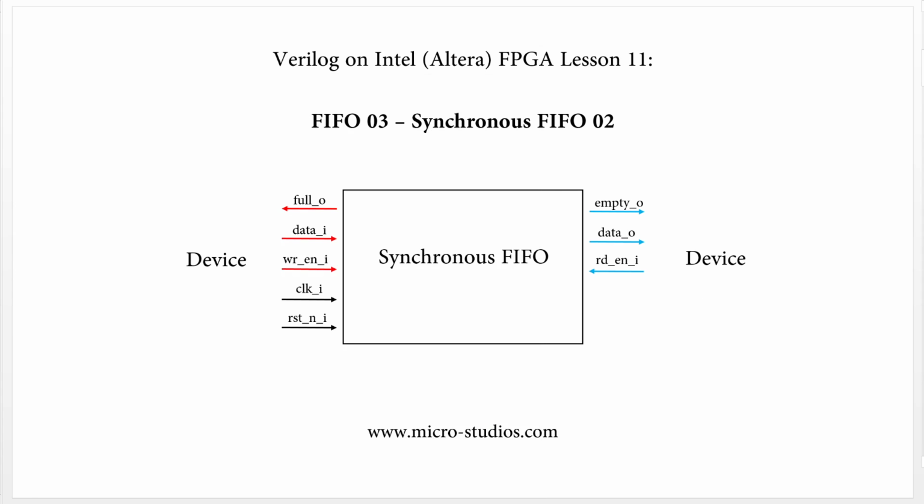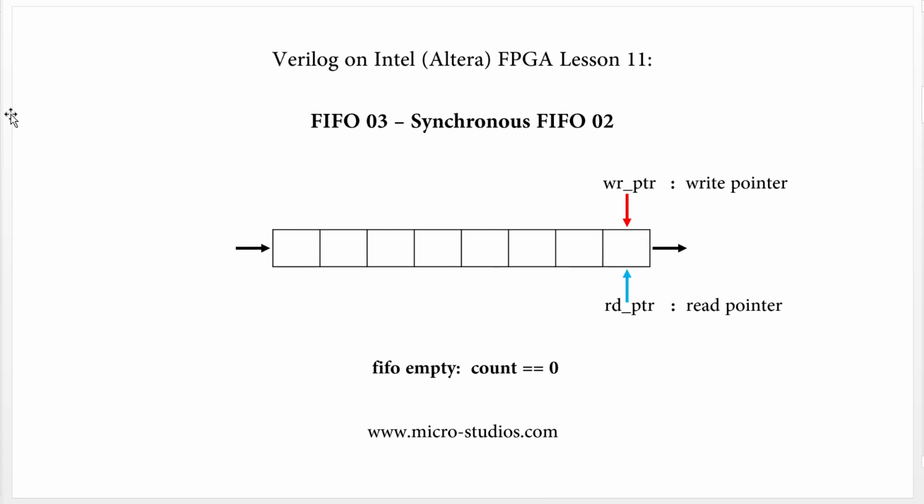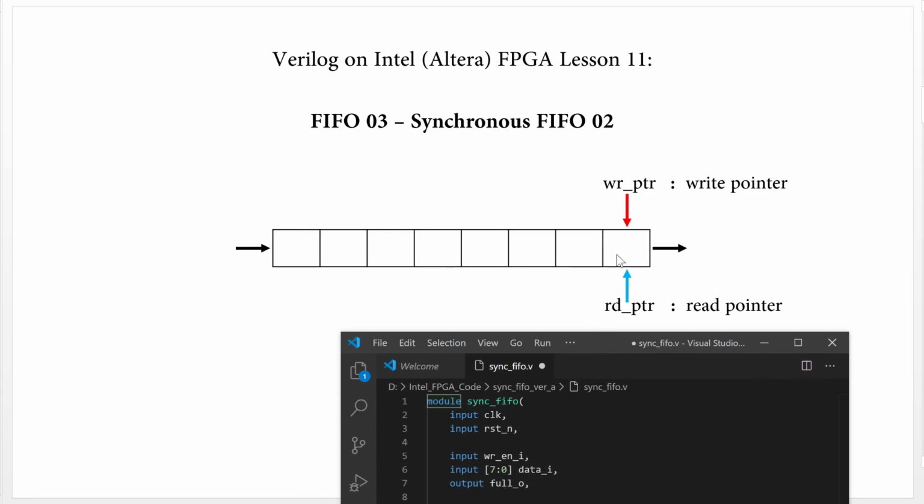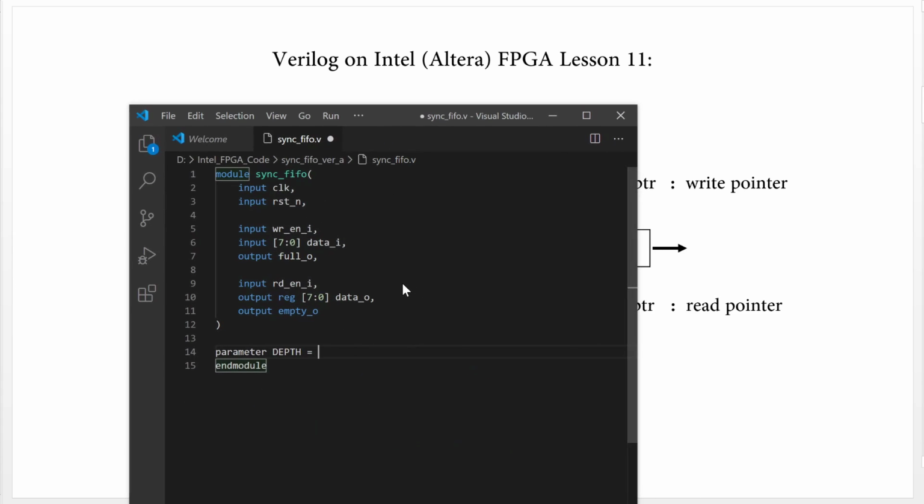The first thing is to define the parameter length, the depth for the FIFO. Here our FIFO is 1, 2, 3, 4, 5, 6, 7, 8. So we have 8 elements. We can save 8 data into the FIFO.